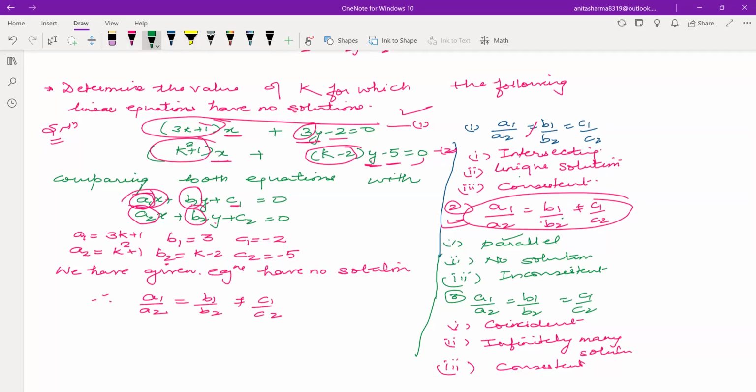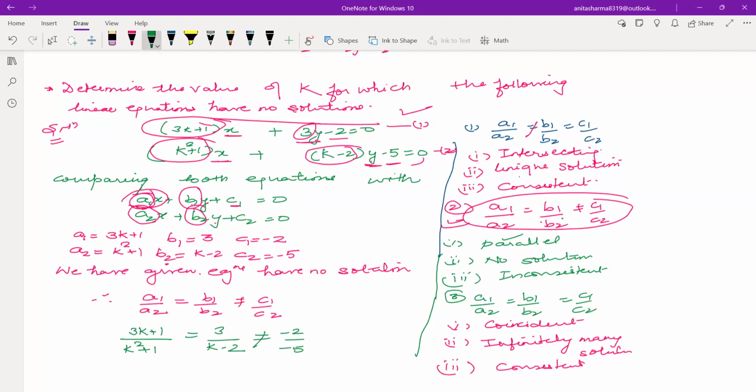So now beta, just put the values of A1, B1, all the values. So right here, A1 is 3k plus 1, A2 is k square plus 1, B1 is 3, B2 is k minus 2, not equal to minus 2 by minus 5. Right, beta?